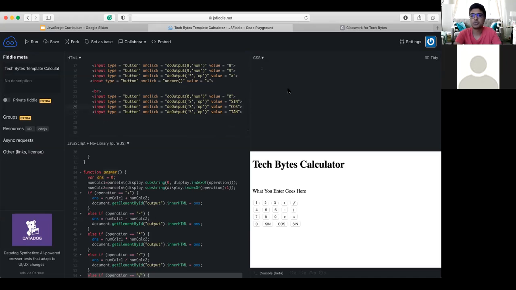And then I'm just going to change the parameter which we are passing in. So for cosine, change it to the letter C. And then for tangent, change it to the letter T, just so we know which type of operation we are dealing with. And if I hit run now, we are able to see that all 3 of our trig functions have popped up. And whenever I click the respective button, we see that value pop up. So if I hit the sine button, we get the letter S.